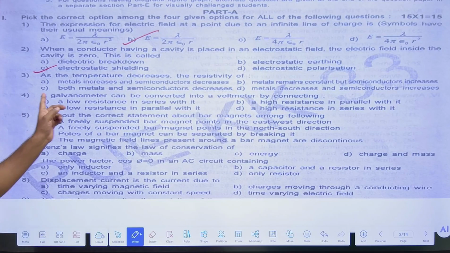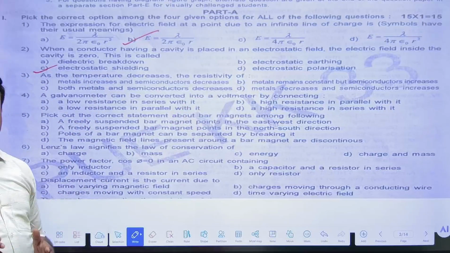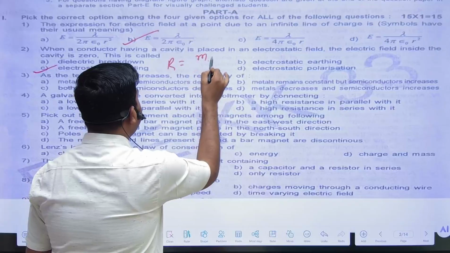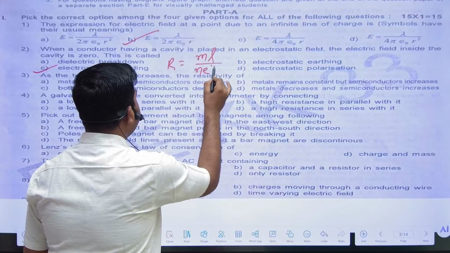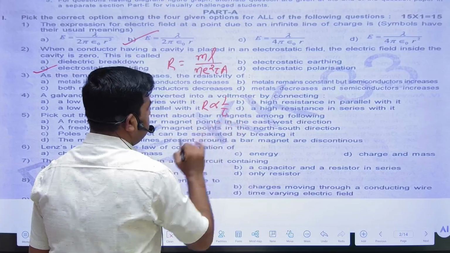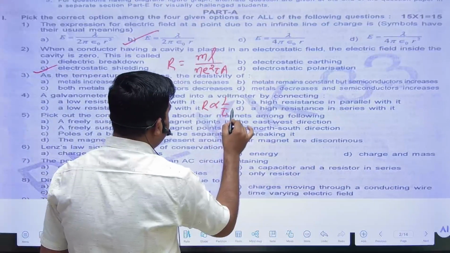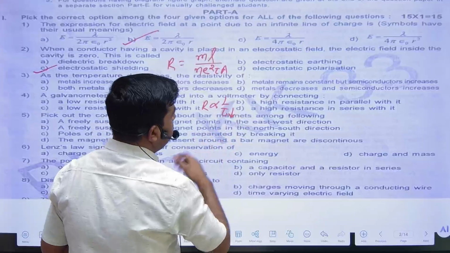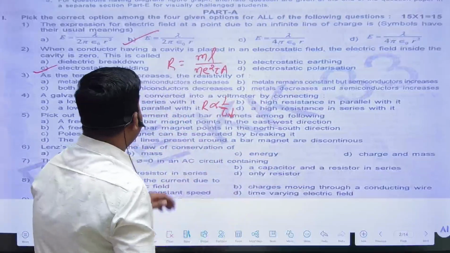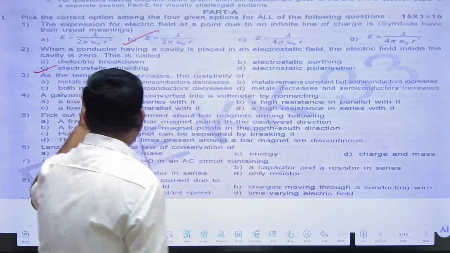Now next is the effect of decreasing temperature on the resistivity. We know that resistance R equals ml upon ne²τA, and resistance is inversely proportional to relaxation time. So on decreasing the temperature, relaxation time increases, hence resistance and resistivity of metal decrease.